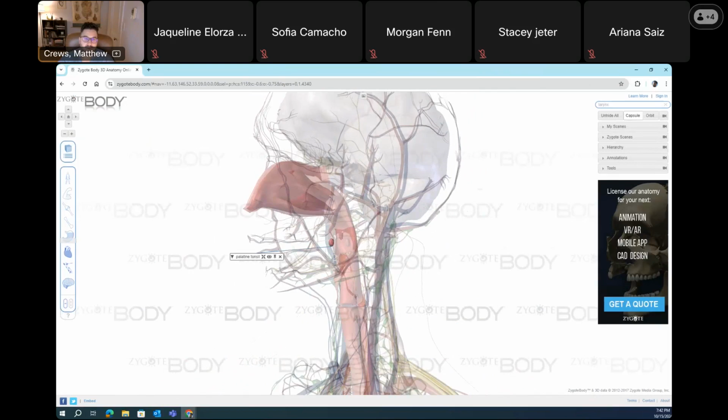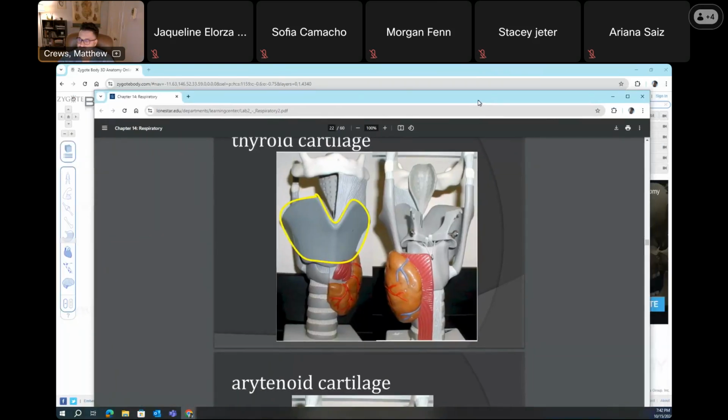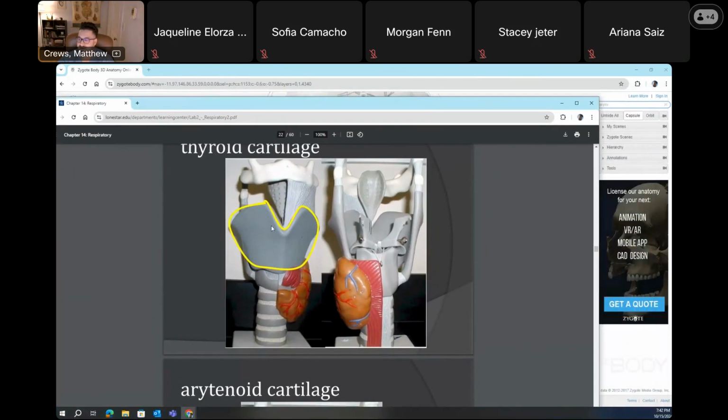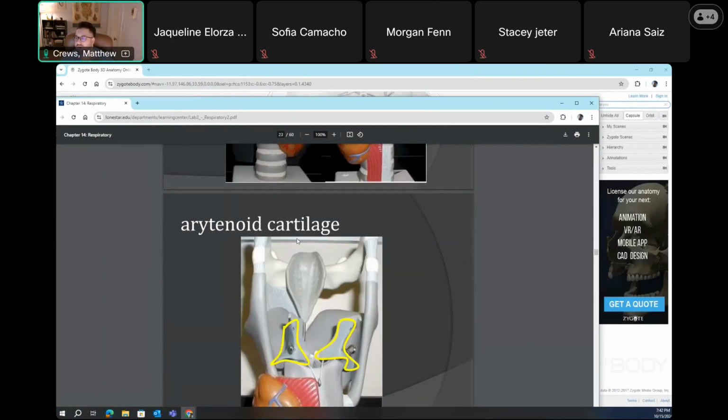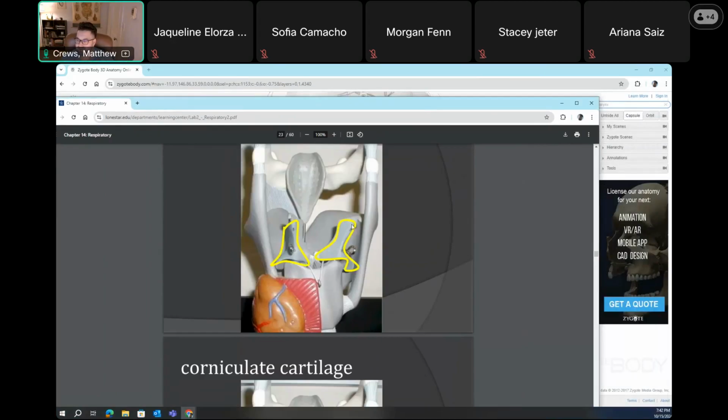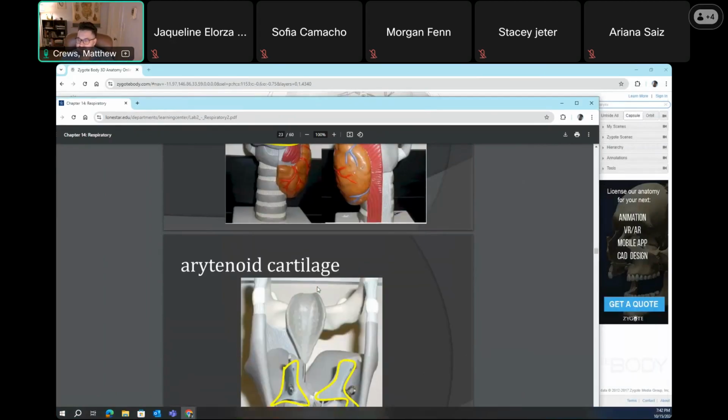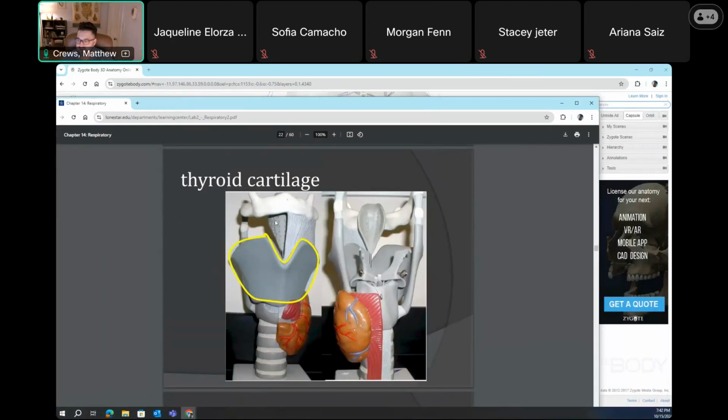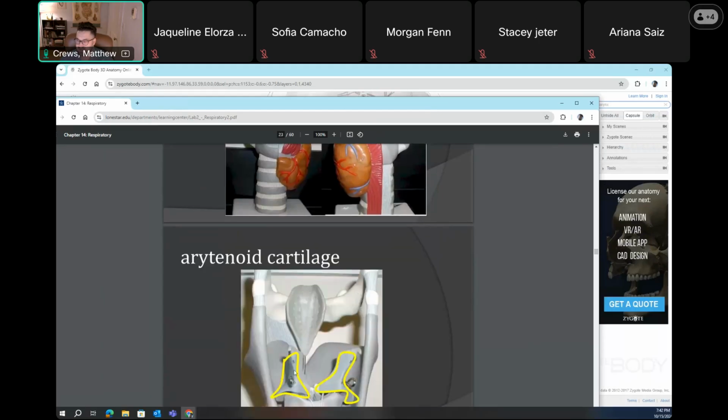I'll show you these little model things. So we've got a thyroid cartilage, that's your Adam's apple right here. And then you've got arytenoid cartilages. So if your thyroid is on your anterior side, your posterior side is your arytenoid cartilages.